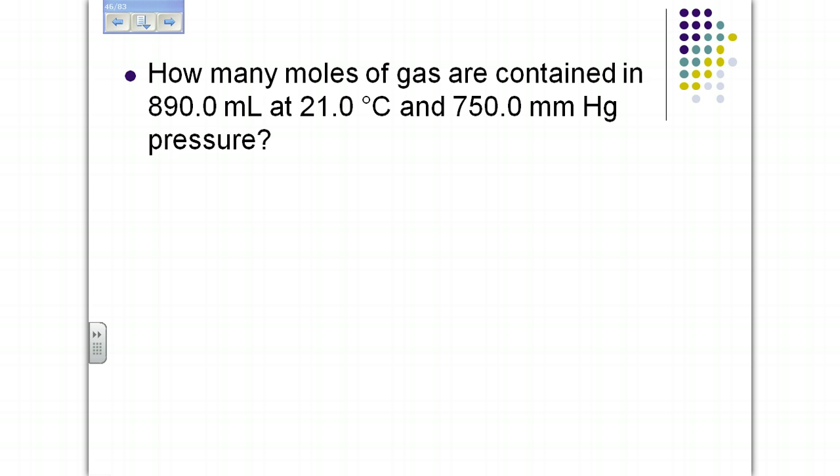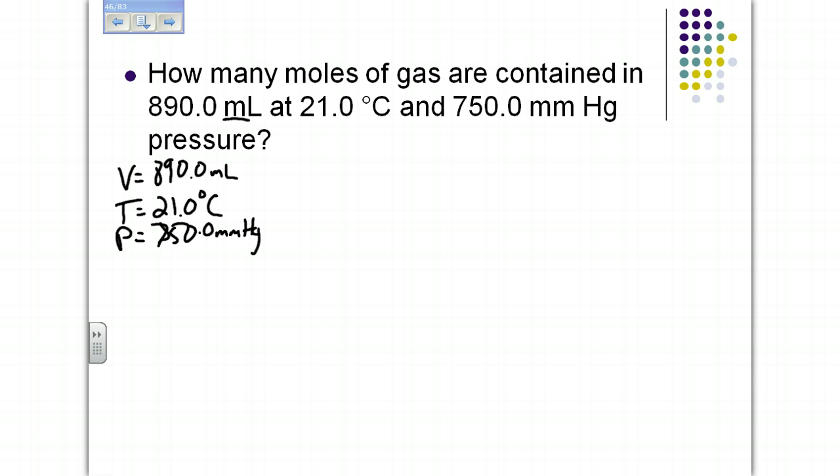I see a volume, so I'm going to write down volume, 890 milliliters. I see a temperature, so I'm going to write down my temp. I see a pressure, so I'm going to write down my pressure. And I don't see anything else.